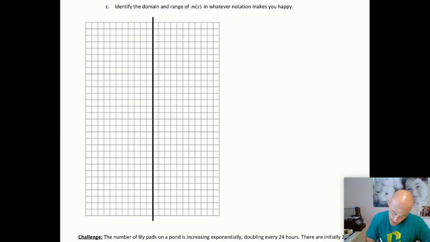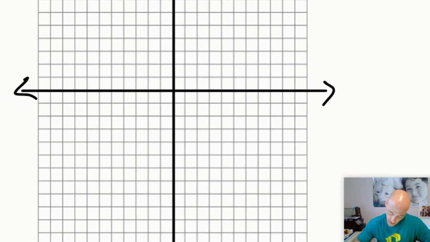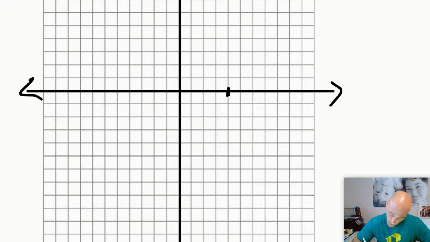And I'm going to put my x-axis pretty close to the middle as well, because I have to do things on both sides of the x-axis and the y-axis. And as I think about how I want to do this, I'm going to go by every 4 is going to be 1 unit on my x-axis.